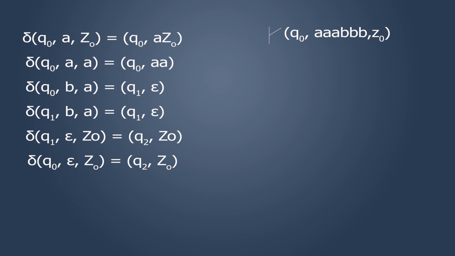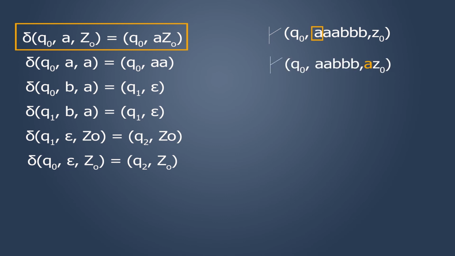Input symbol happens to be A and Z0 is the top of the stack. Then this transition function would get executed and it would push this A onto the stack. Again, my input symbol happens to be A and my top of the stack happens to be A, and we are on Q0 state.